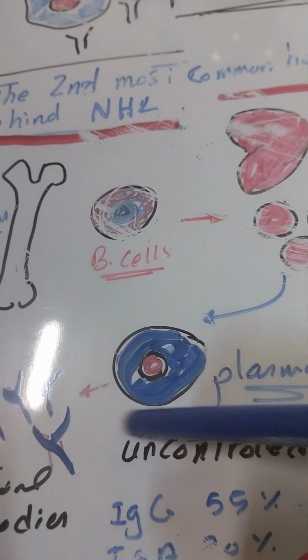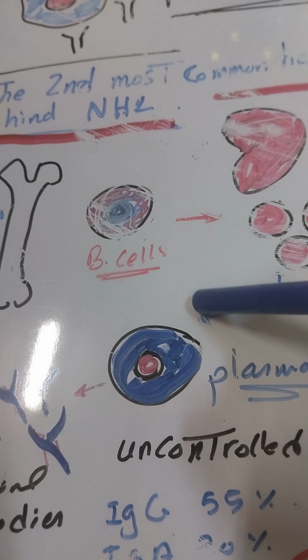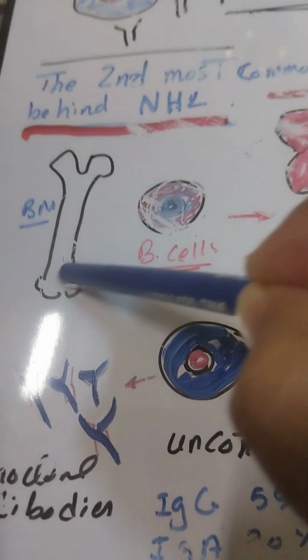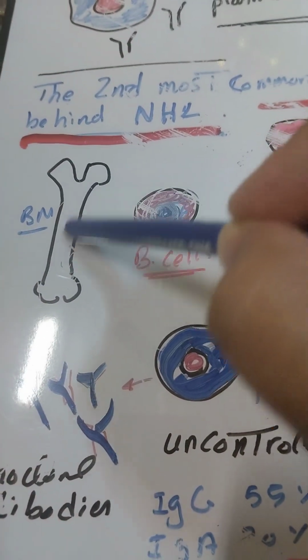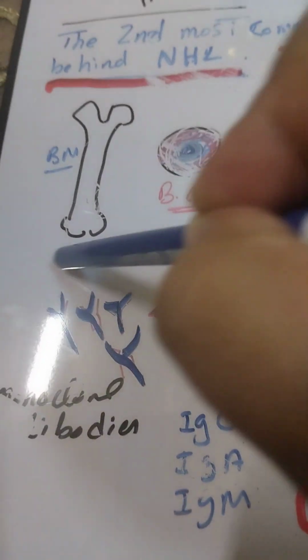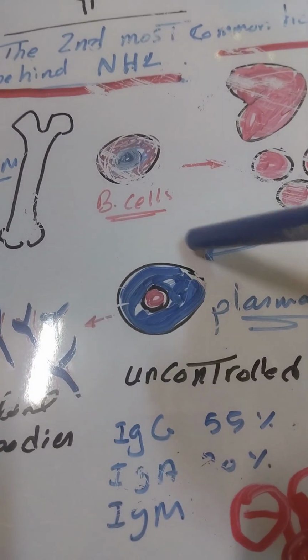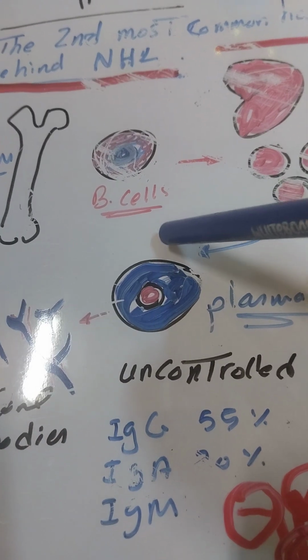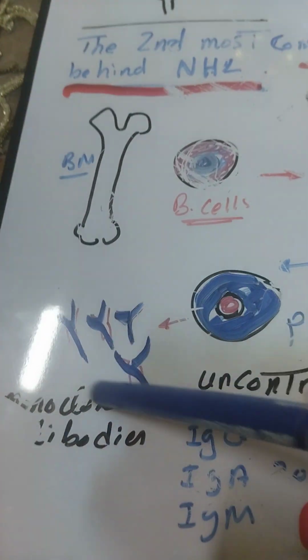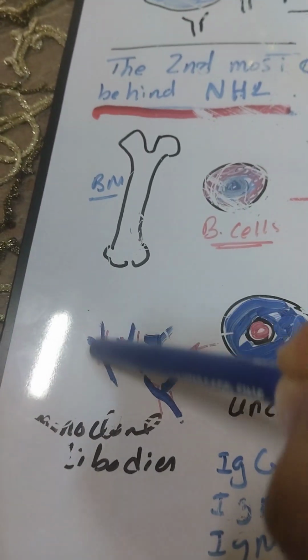In this disease, there is uncontrolled proliferation of the plasma cells, and so the bone marrow becomes loaded with plasma cells. The plasma cell's function is to produce antibodies, and when there is increased proliferation of these plasma cells, there is increased production of large amounts of antibodies.